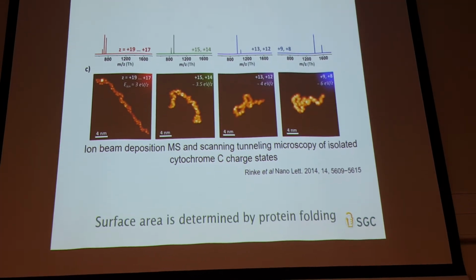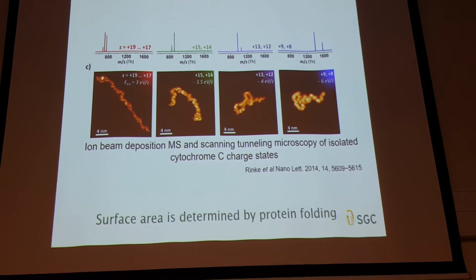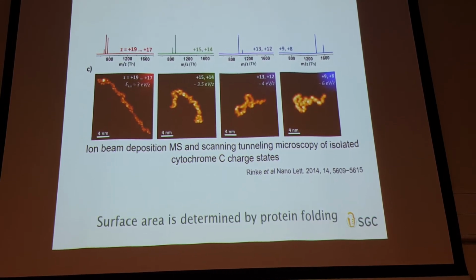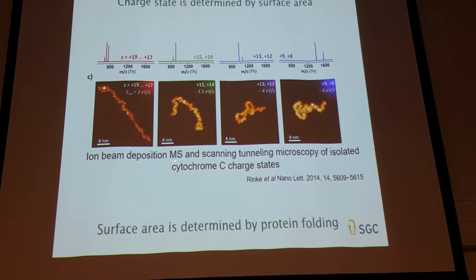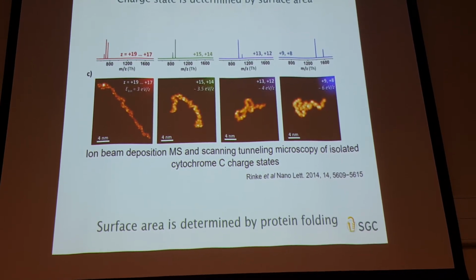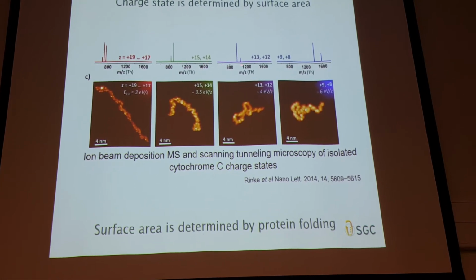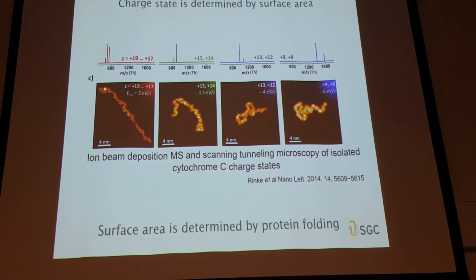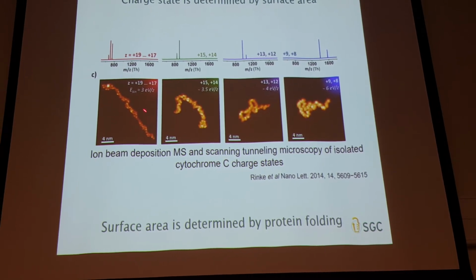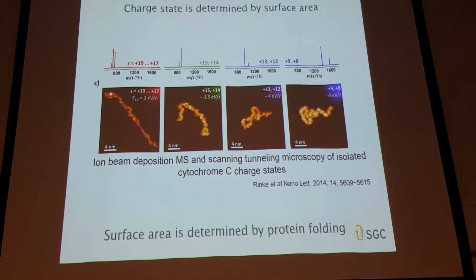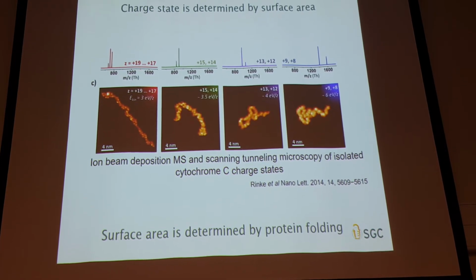And just to make that point, this is a beautiful experiment done by Stefan Reichenbach, who is now Professor of Chemistry here in Oxford. And what he did is this ion beam deposition mass spec. That's his speciality. You can isolate different charge states of cytochrome C, which is done here, and then he can deposit these onto a special grid, and he can do scanning tunneling microscopy of those ions.